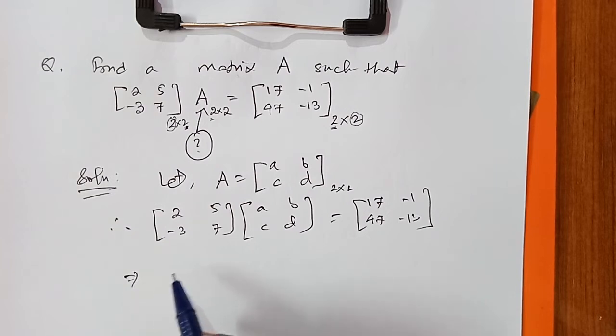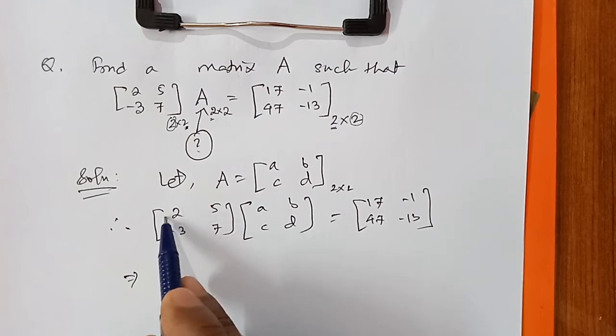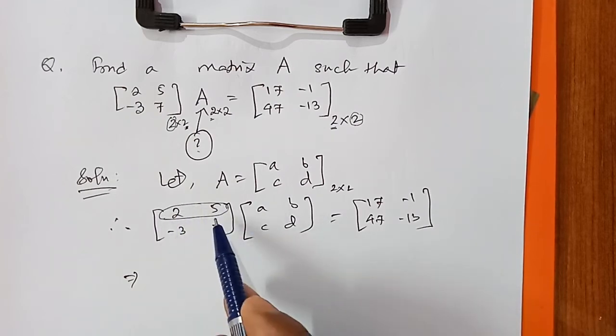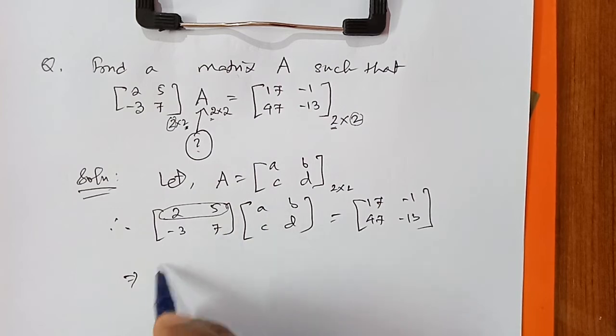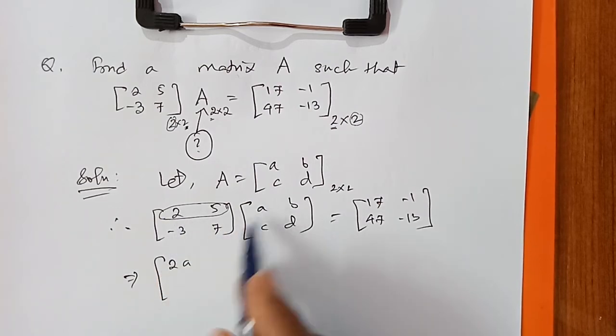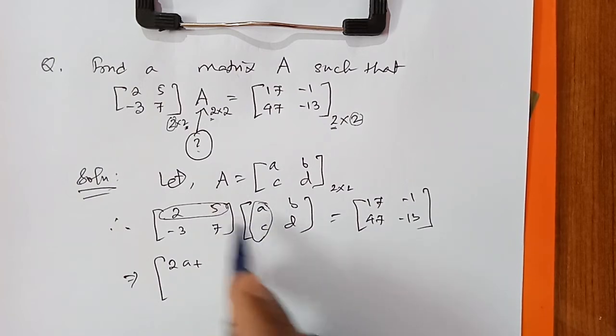On the left hand side you multiply these two matrices. Start with the first row. With the first row elements, multiply the first column elements: 2 into a, 2a. First element finished. Now plus the second element and second element, 5 into c, 5c.